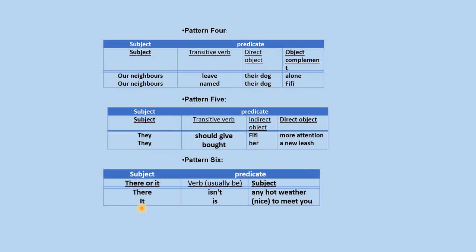Or it can be with impersonal pronouns when the verb usually is the verb to be, of course, plus a subject which comes after. So there is, where is the subject? We don't have a subject. This, there and it are impersonal, and the subject comes after the verb, and this is normally an exceptional case. And here we have isn't any hot weather. Any hot weather is considered as a subject in this sentence.